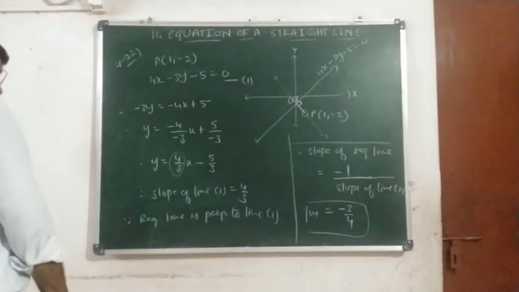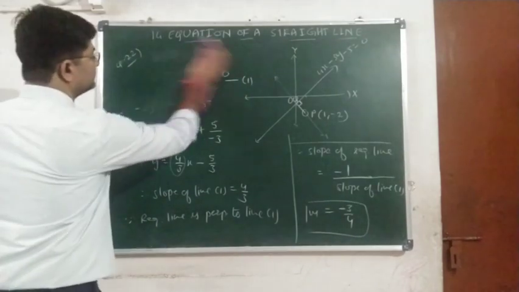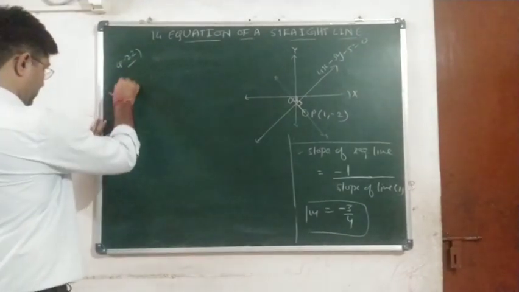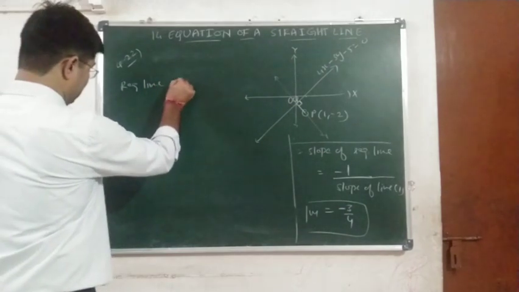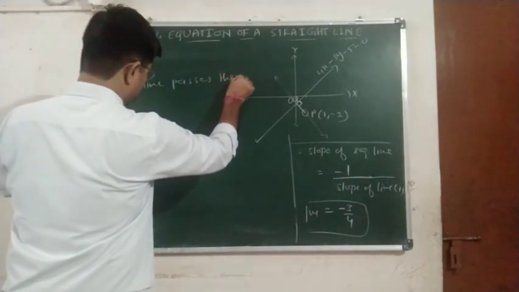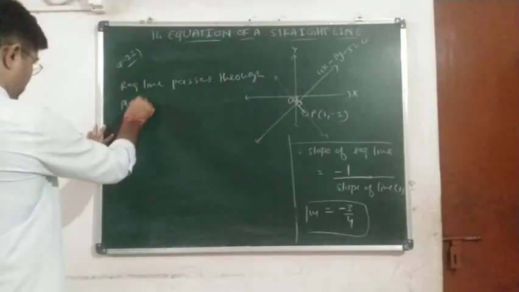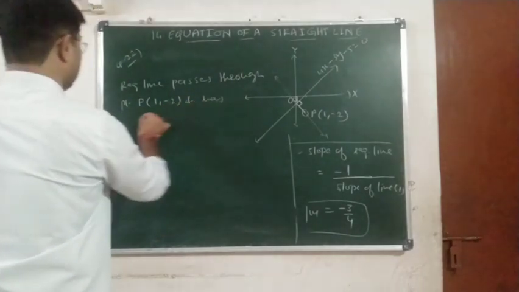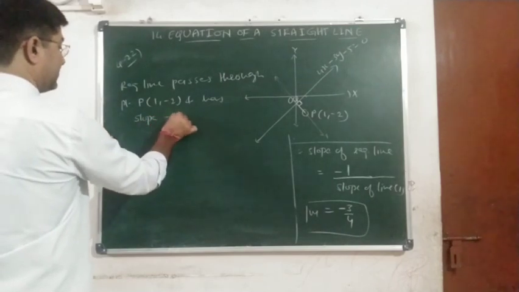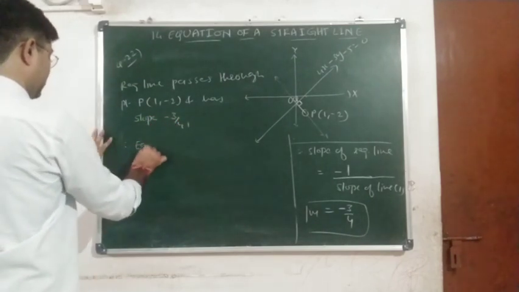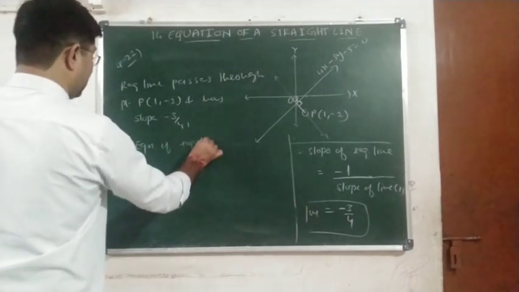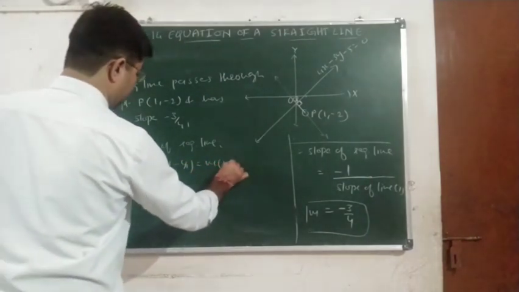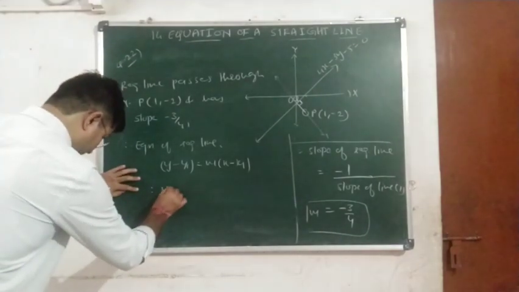The required line passes through P, so y - y1 = m(x - x1).